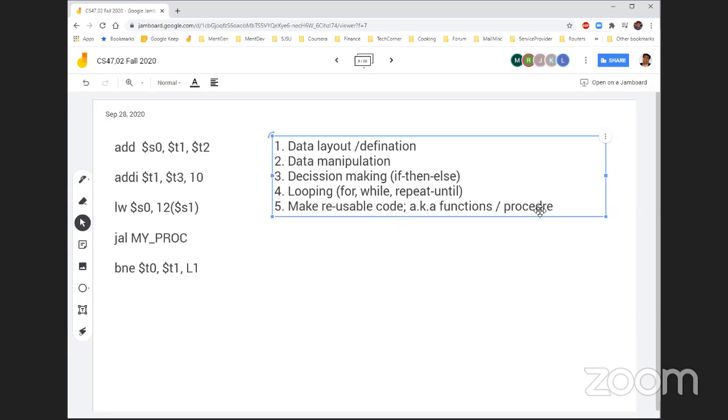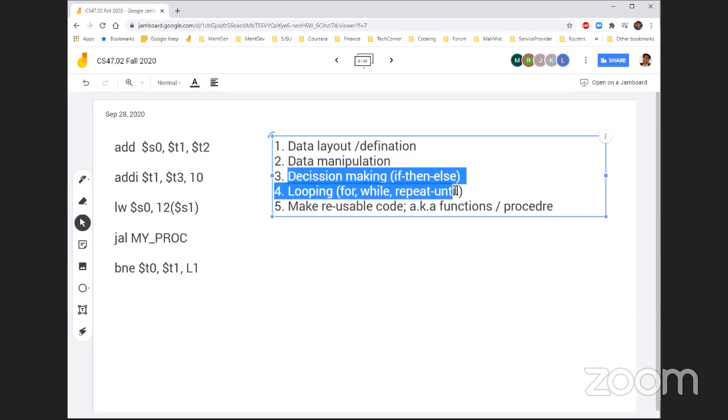In this MIPS language, we have been learning about the data layout and definition so far. Today's topic is more about data manipulation and somewhat data layout. Next day's topic is decision making and looping.